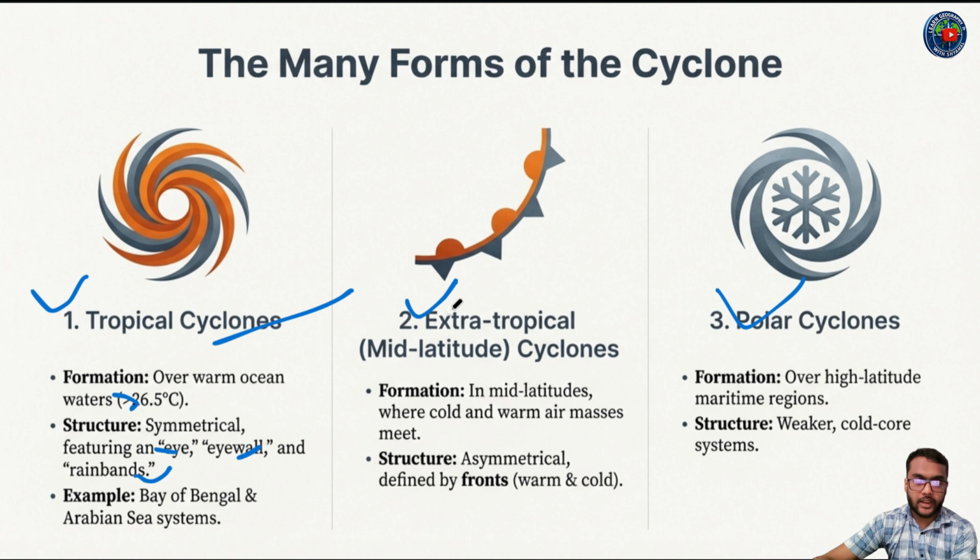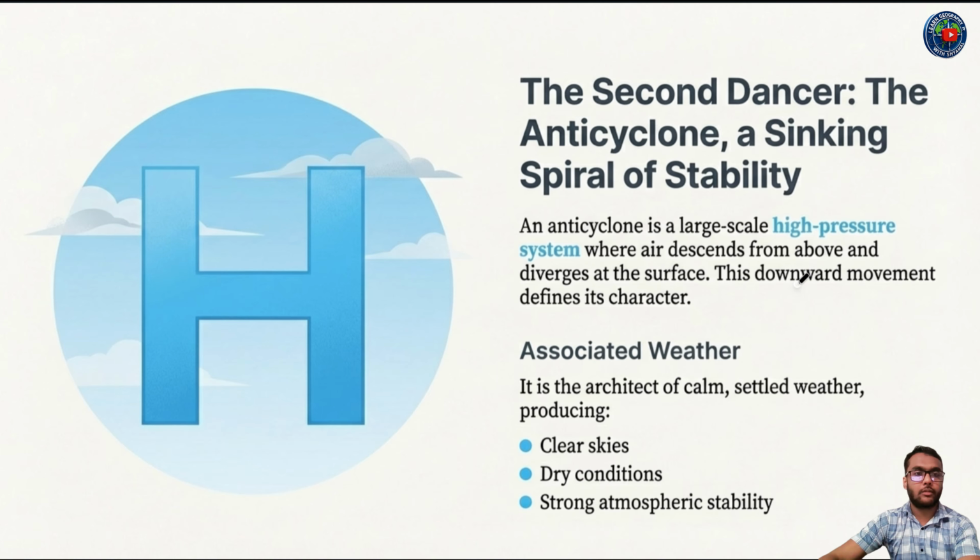Extratropical or mid-latitude cyclones form in mid latitudes where cold and warm air masses meet, and the structure is asymmetrical, defined by fronts, warm and cold fronts. Polar cyclones form over high latitude regions, with a weaker, cold core structure. These are the three basic types of cyclone: tropical in the tropical region, extratropical in mid-latitude regions, and polar at the North Pole and South Pole of the globe.